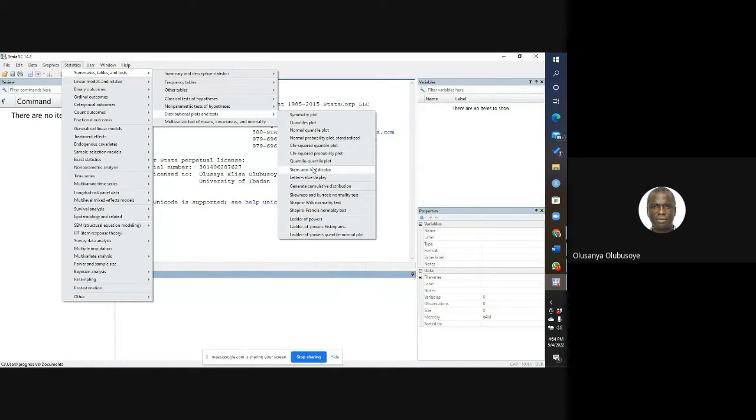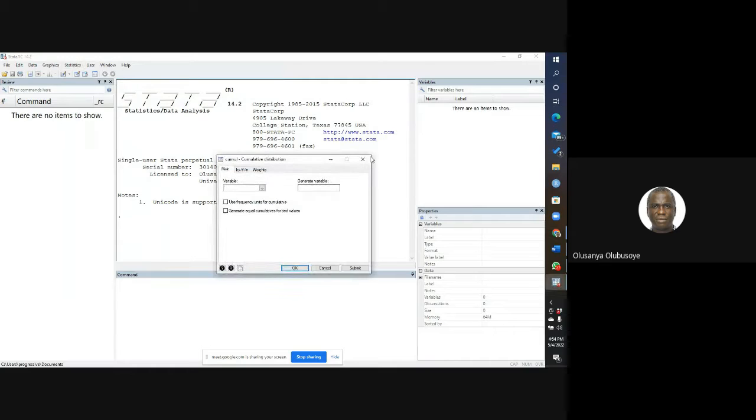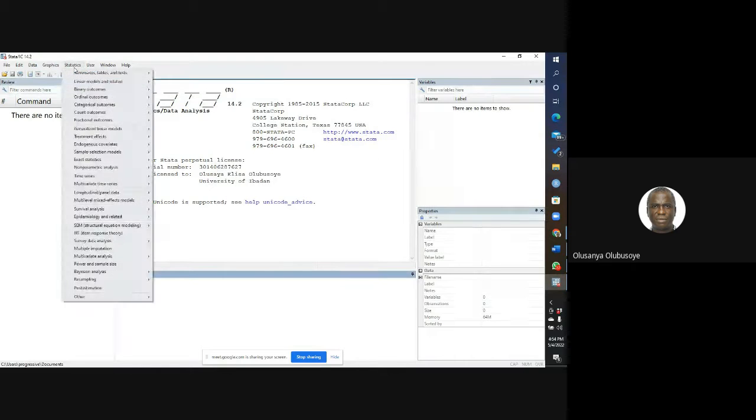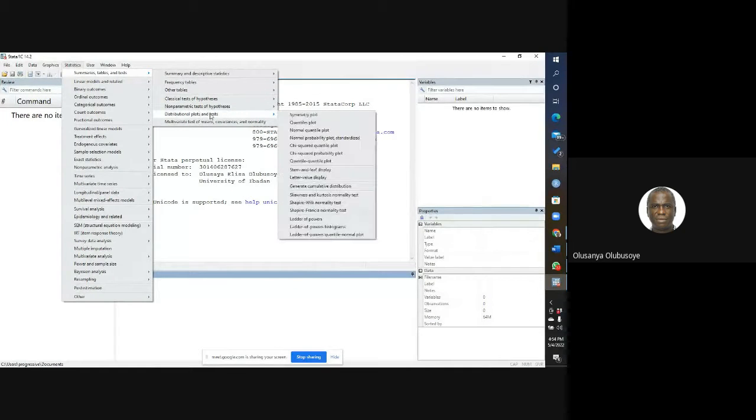If you move down, you will see below the non-parametric, the skewness and kurtosis normality test, the Shapiro-Wilk normality test, the Shapiro-Francia normality test.